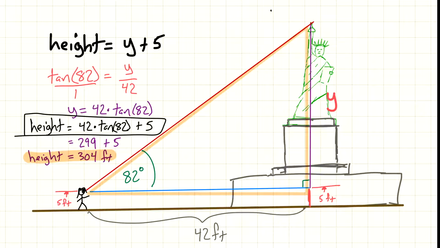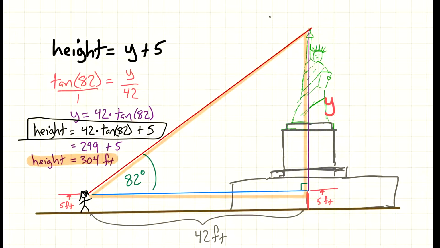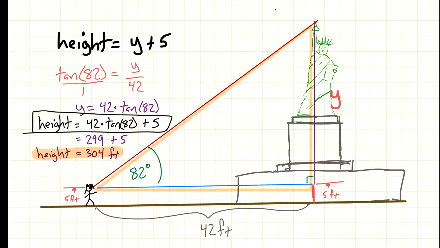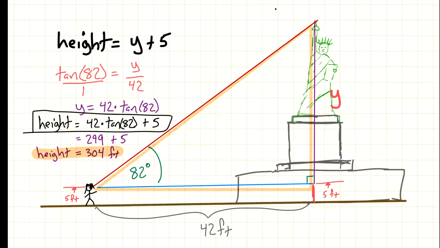And so we found the height, but we still need to answer the question, which was, should she climb to the top or will she get a nosebleed? All right, and so justify your conclusion. So that's going to be your question to answer. So hopefully you have a good answer to that.